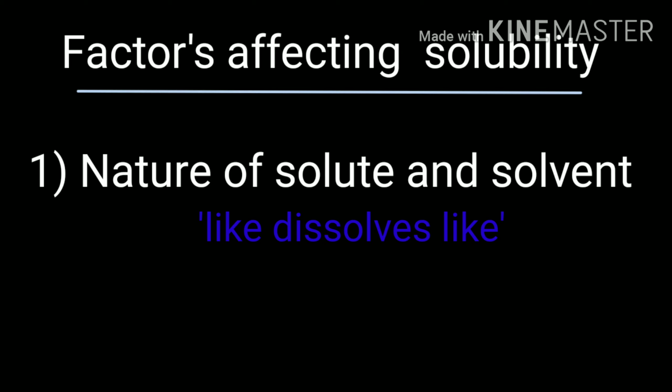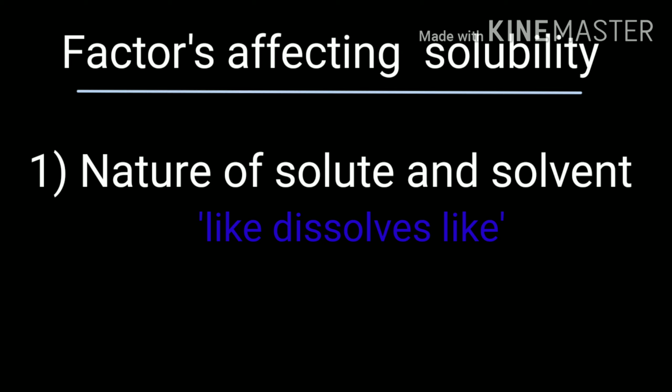There are a number of factors that affect solubility, like the nature of solute, the nature of solvent, temperature, pressure, etc. Under this, the first one that we are going to start with is nature of solute and solvent. It is usually observed that chemical substances which have similar chemical properties tend to mix with each other readily.